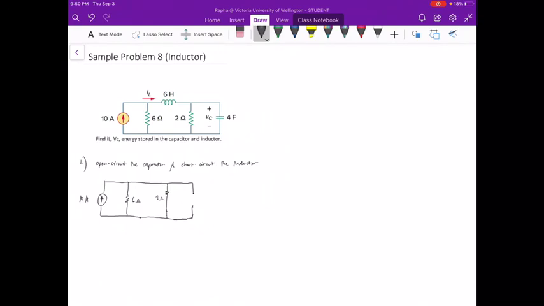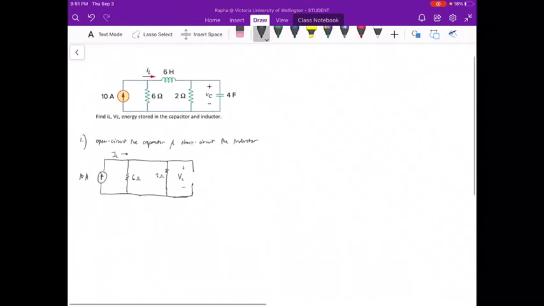So we have over here IL, over here VC. Now that we have redrawn the circuit, considering the open circuit and short circuit characteristics, we can solve the branch currents.